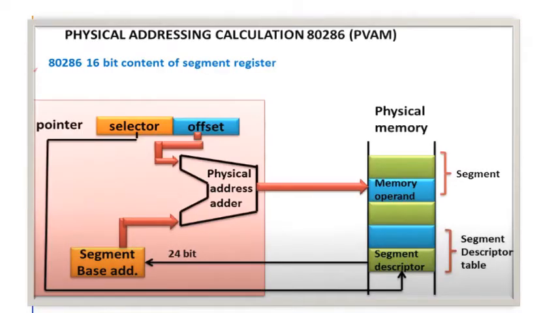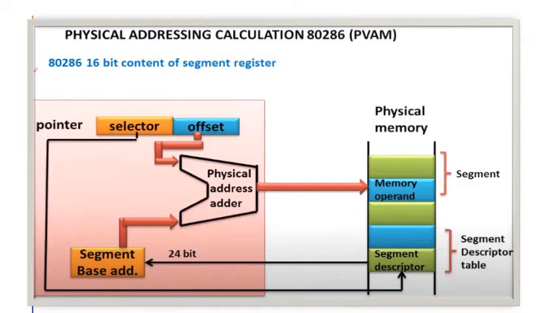Let us start discussing the protected virtual addressing mode. The 8286 executes a fully upward compatible superset of 8086 instructions in protected virtual addressing mode. The protected virtual addressing mode operation of the 8286 processor provides memory management and protection mechanisms and associated instructions.